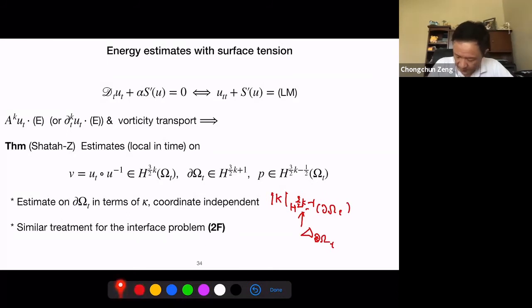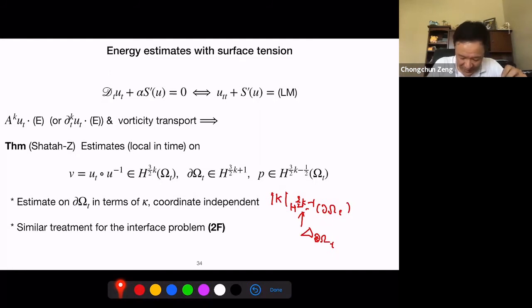So it's rather intrinsic, and the estimate can be obtained in a relatively clean way, except when you want to do the well-posedness, the construction of the solution. This coordinate independent setting becomes a disadvantage instead of an advantage. It's intrinsic when you do the estimate, but it becomes a disadvantage when you want to construct a solution, because you have to put the different approximate solution in the same framework so that you can take the difference and estimate the convergence.